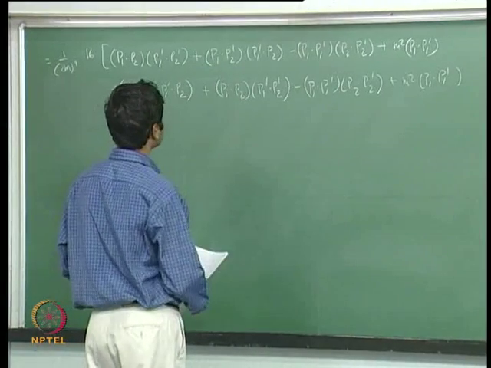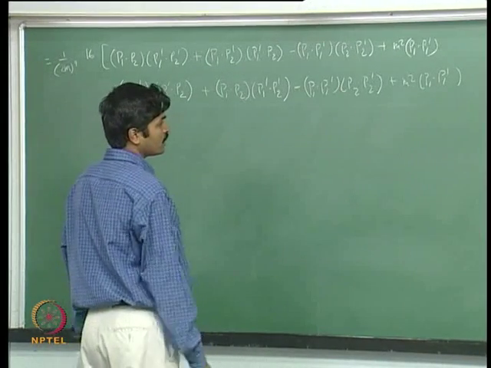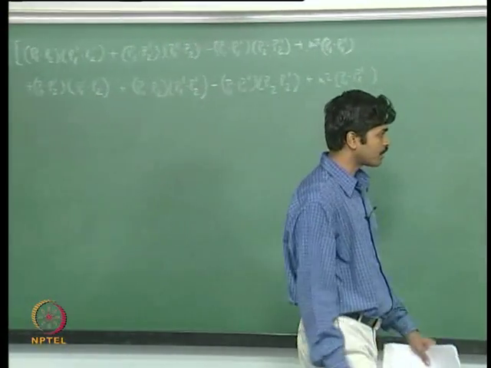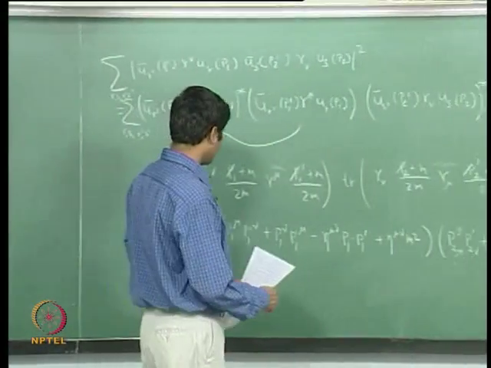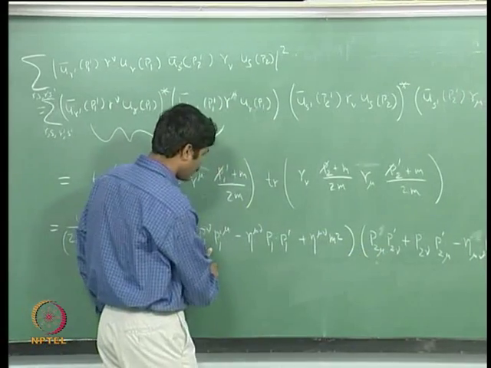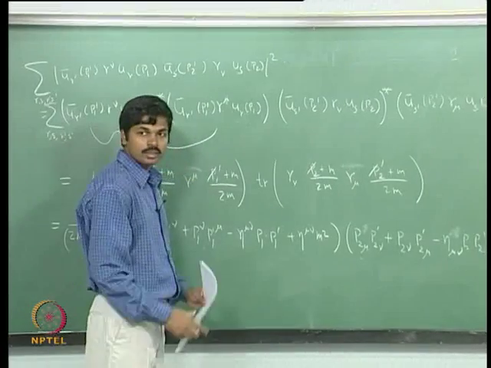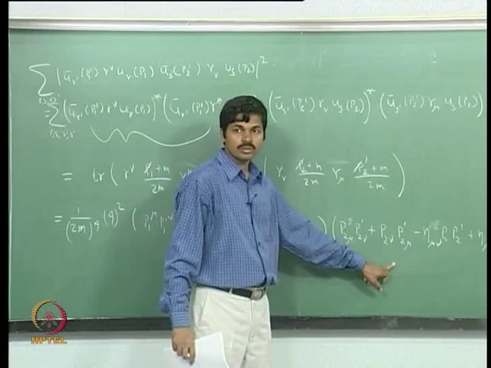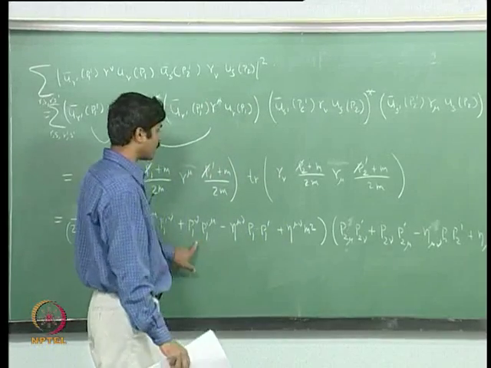Or in other words, you could have simply concluded that this term multiplied by this is identical to this term multiplied by this, because this is symmetric under the exchange of mu and nu, and hence they will just add up.